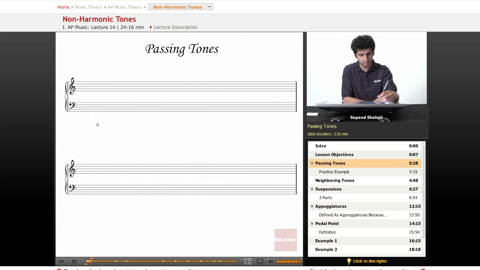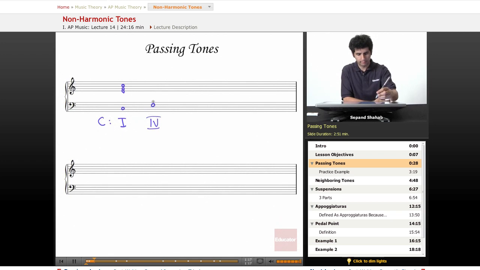So let's look at, if we're in C major, let's start with a one chord here, E, G, C. And so let's go from this to, what about a four chord? So we'll write a four chord here.